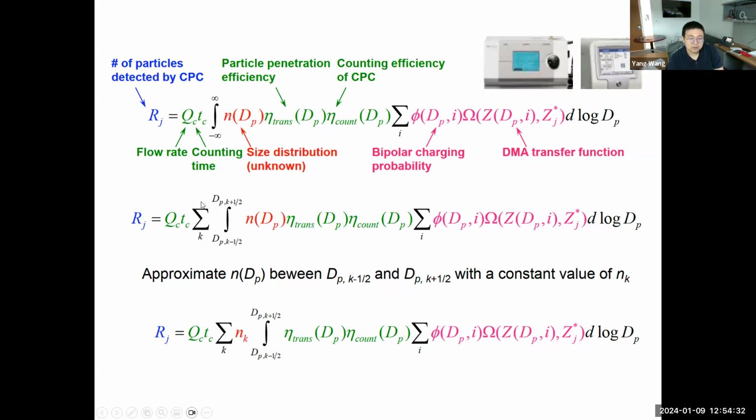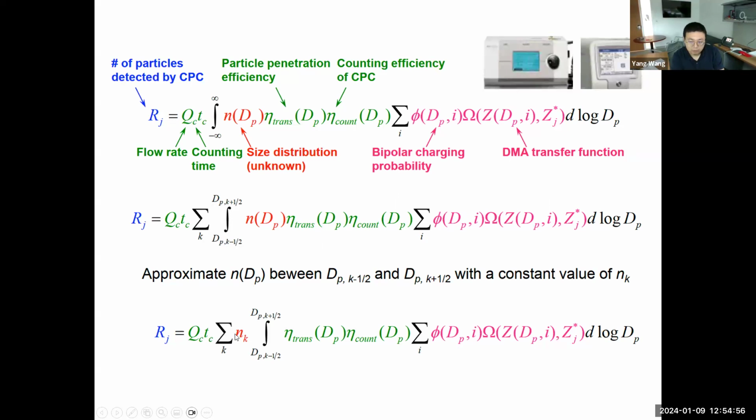So you break that into a summation, and then further, you can bring the concentration out of the summation, assuming that concentration doesn't change much in the transfer function region, or in this integral here, or in this particle size range here, right?